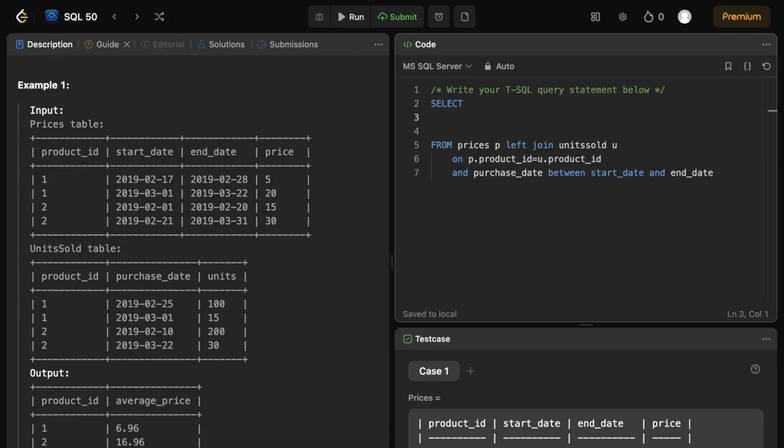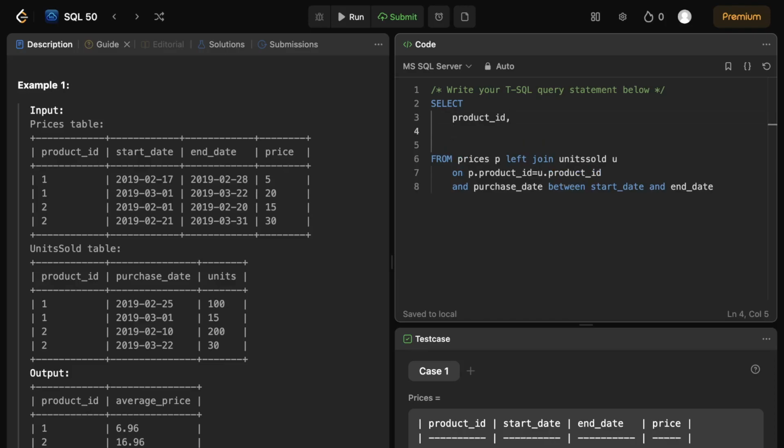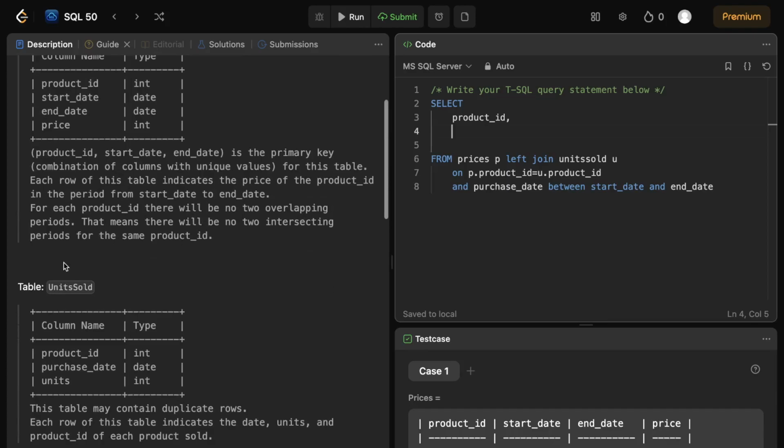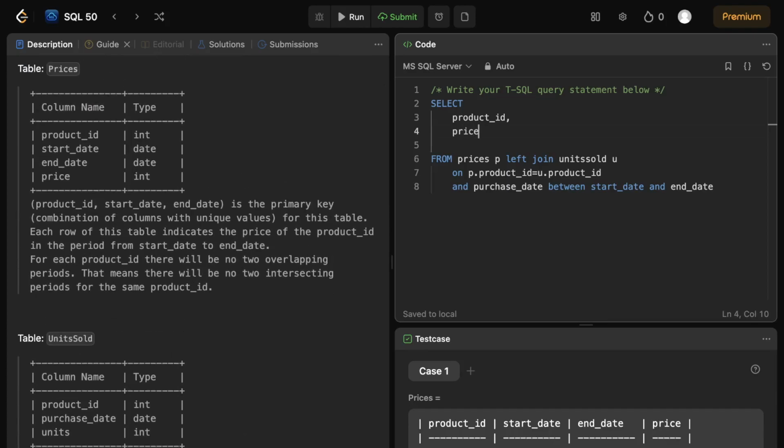So in the select statement, I'll have my product ID, and then I'll have to find the average price of each product. We'll have to find out the price into the units sold.